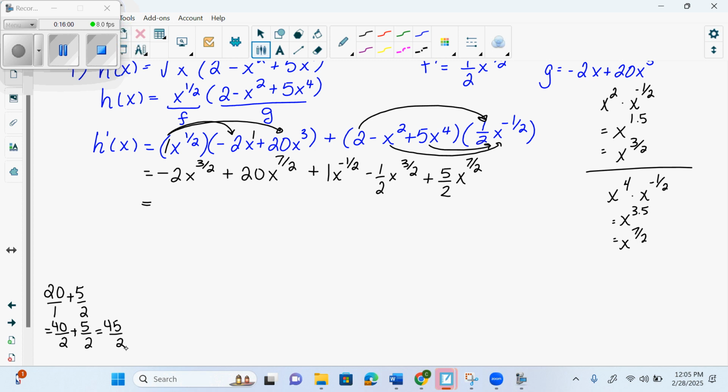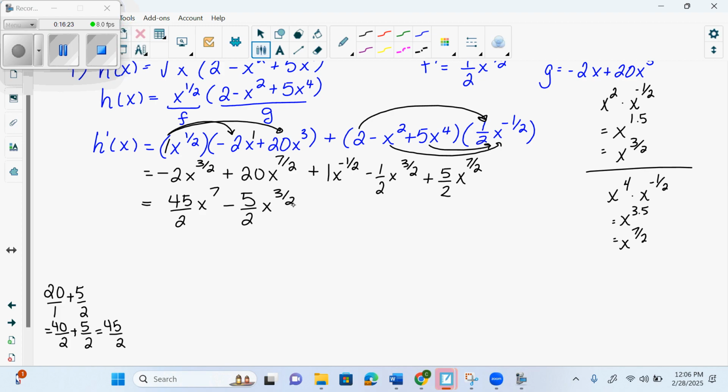And I always practice them without my calculator because you don't know what your prof's going to do. Okay, so we get 45 over 2, x to the 7 halves. Minus, 2 plus negative a half is negative 2.5. What is that? Minus 5 over 2, x to the 3 halves.